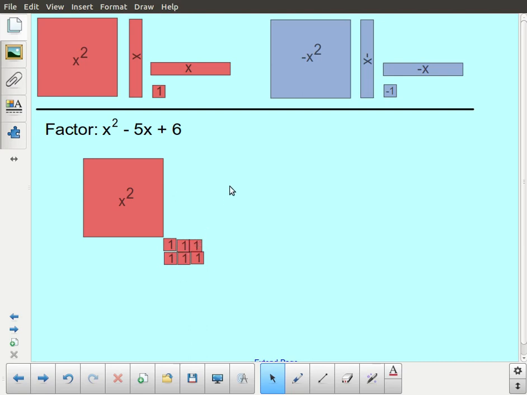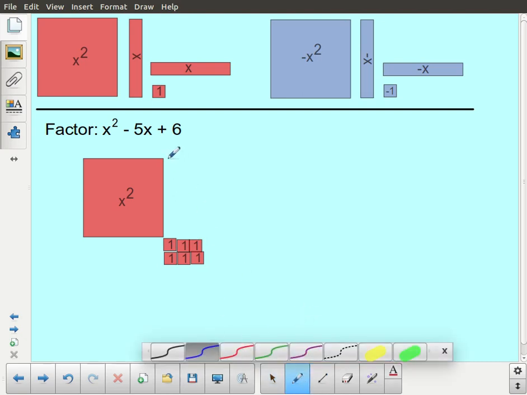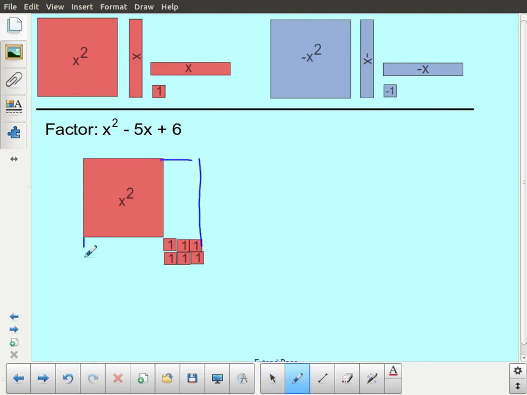So what you want to do is you have to come up with a way of orienting these things so that you can fill out the rest of this rectangle. And as it turns out, I've laid it out in the way that I need it now, because I take a look at the middle term, negative 5x, and I realize that I can put 1, 2, 3, so there's negative 3x, and then if I put another 2 of them over here.